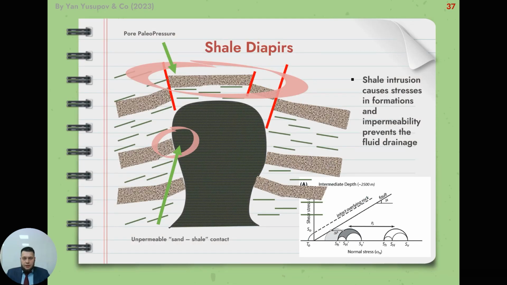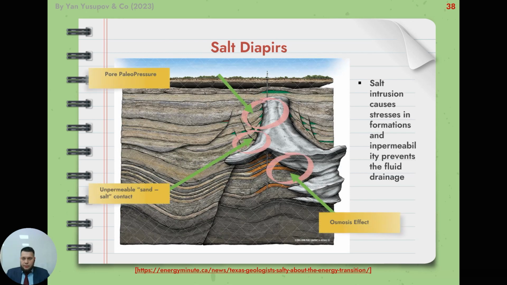Shale diapirs and salt diapirs are intrusions that cause stresses in the formation, and impermeability prevents fluid drainage.